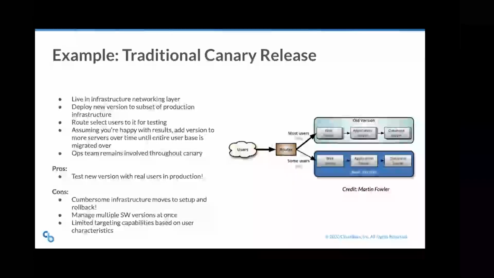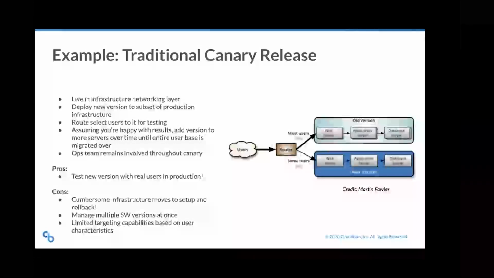So it's nice because you can test new versions with real users in production, but you can fall into some pain points because it's pretty challenging and infrastructure based to roll back and release. As seen in this image, you are managing multiple versions at one time.